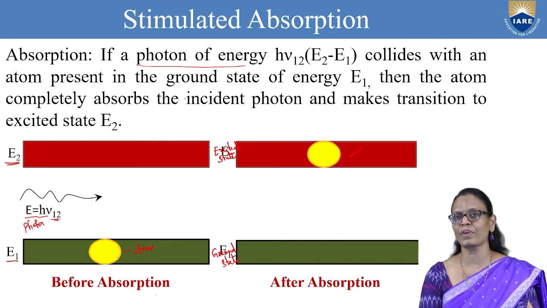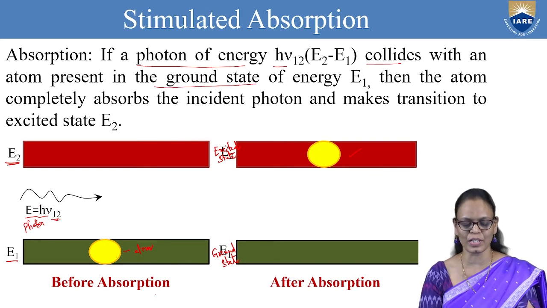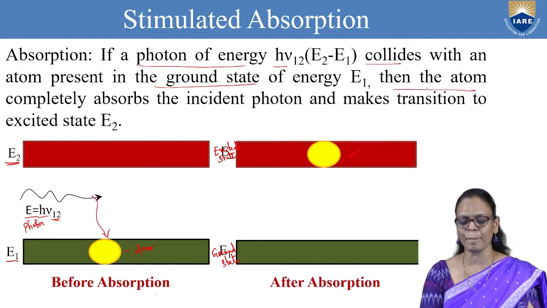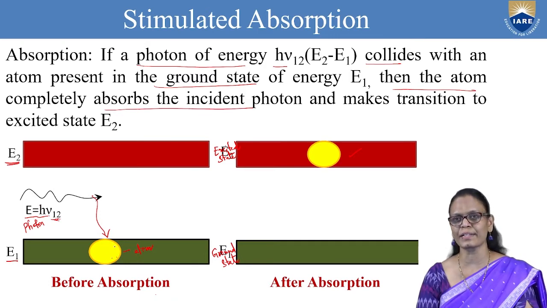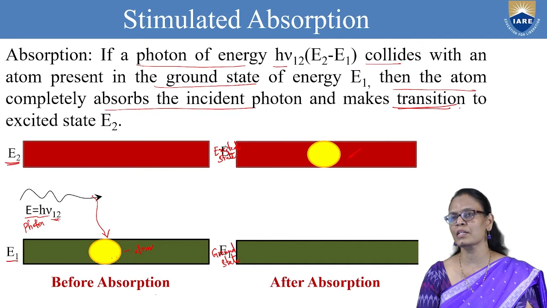If a photon of energy h nu 12 collides with an atom present in the ground state, then the atom completely absorbs the incident photon. This atom will absorb this energy and make a transition to the excited state. So what is transition? Transition is nothing but the movement of atoms from a lower level to a higher level or from a higher level to a lower level.